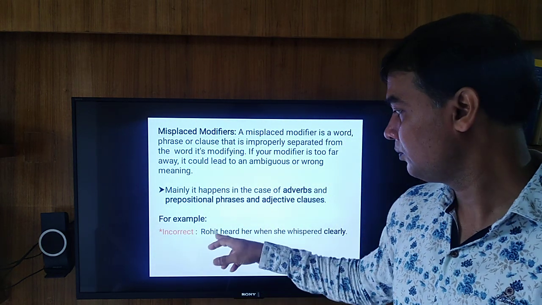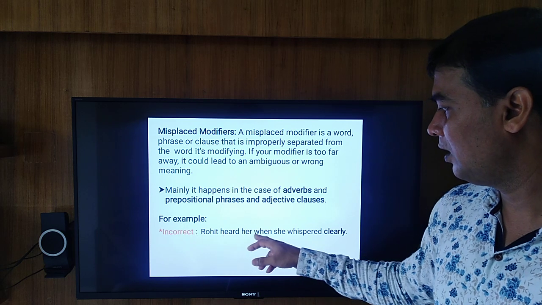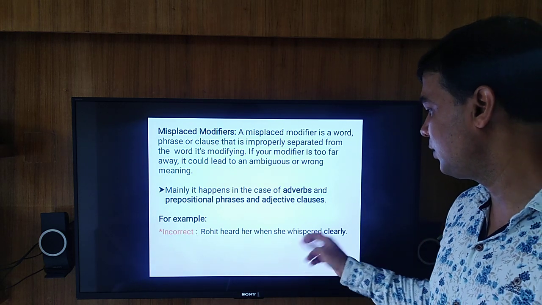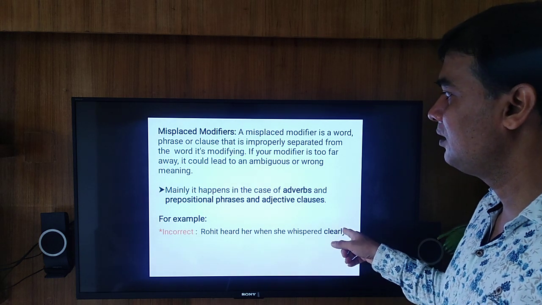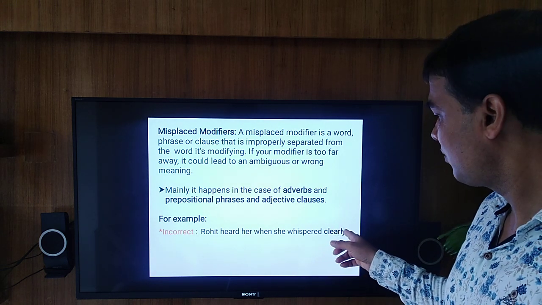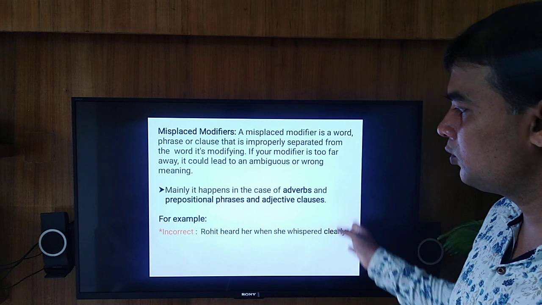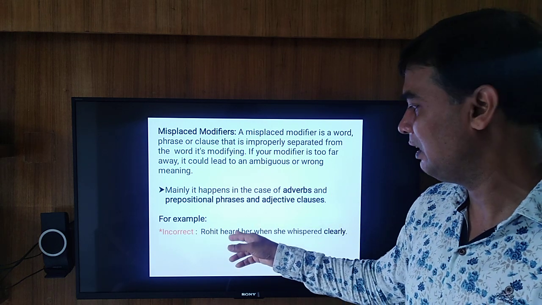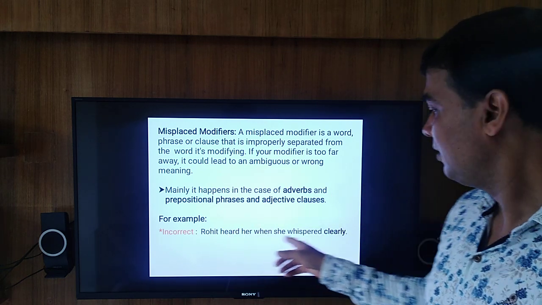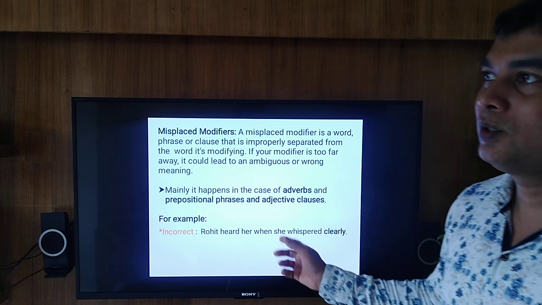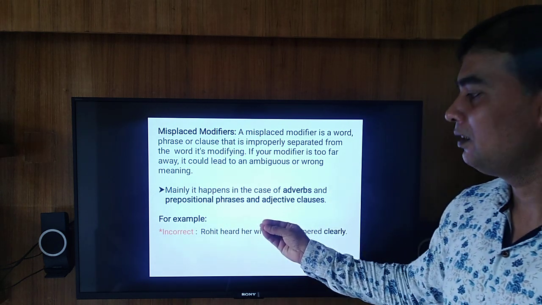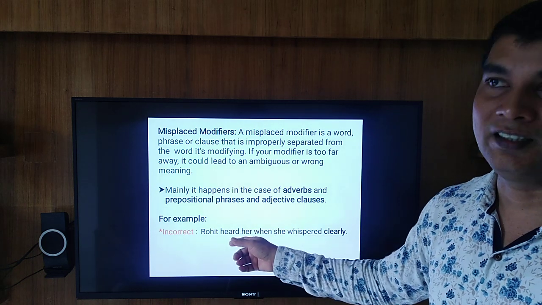For example, Rohit heard her when she whispered clearly. Here you see, clearly is supposed to modify the word heard, but here it is very near to the word whispered. Actually, the meaning of this sentence is about Rohit's hearing.